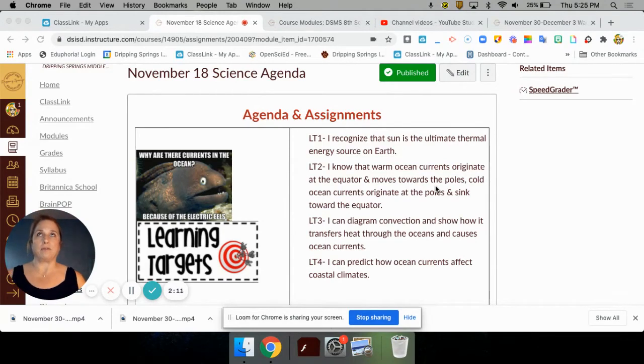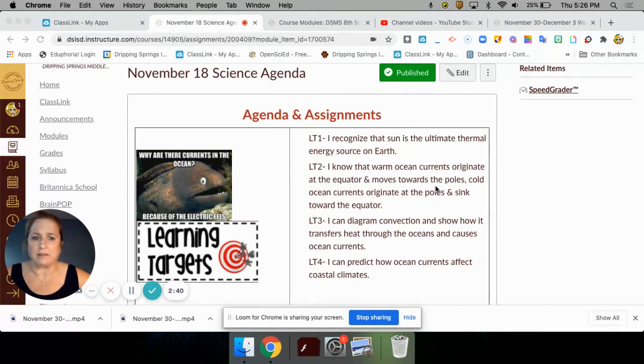So you have cold originating at the poles moving toward the equator, and warm originating at the equator moving toward the poles. The indirect heating of the earth is why this happens. The earth is round, so the sun hits it directly at the equator, but very indirectly at the poles, which accounts for the difference in temperatures.